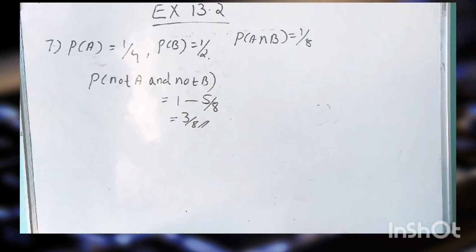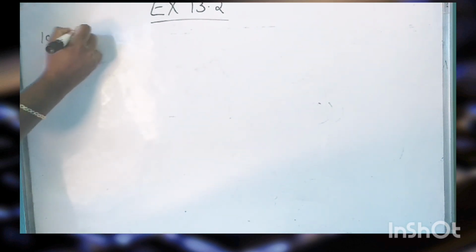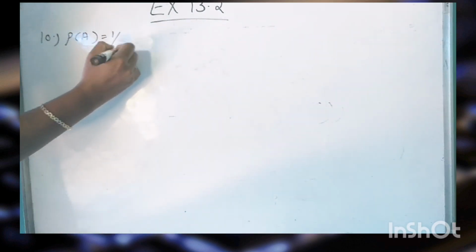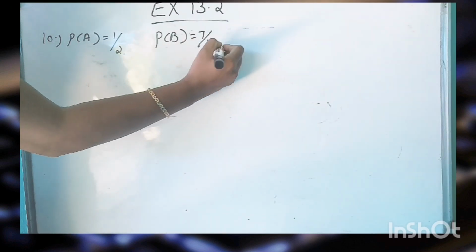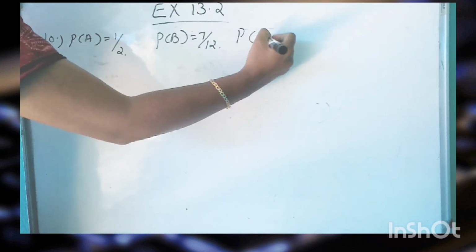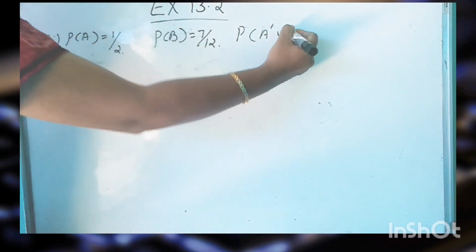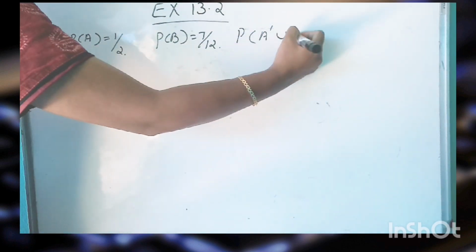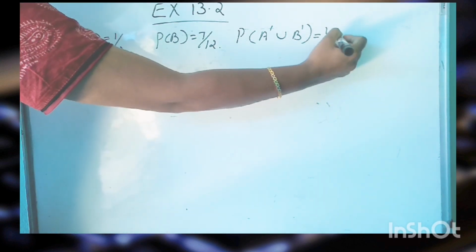P of A is given, P of A is equal to 1 by 2. P of B is equal to 7 by 12. And P of not A, that means A complement, or means union, not B, B complement, is equal to 1 by 4.